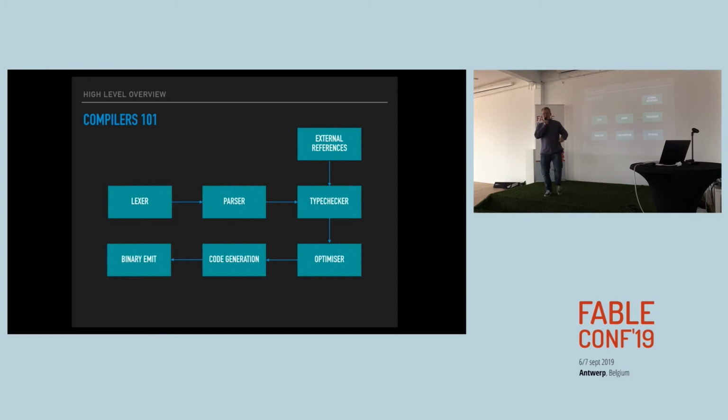So this whole thing here is basically a black box. And also in typical compiler design, every one of those phases is also a black box. Some stuff comes in here, magic happens. Some stuff goes out, comes here, magic happens.